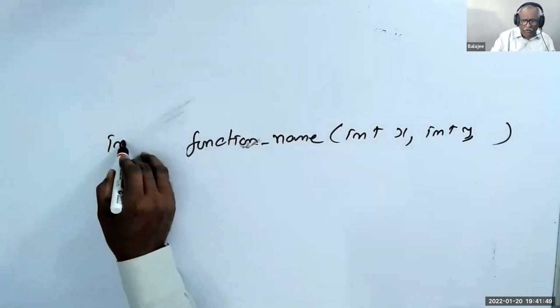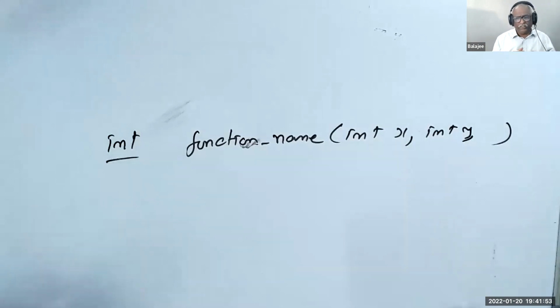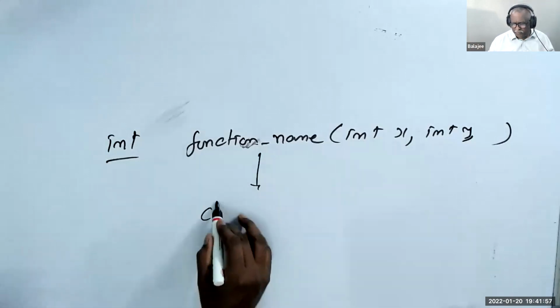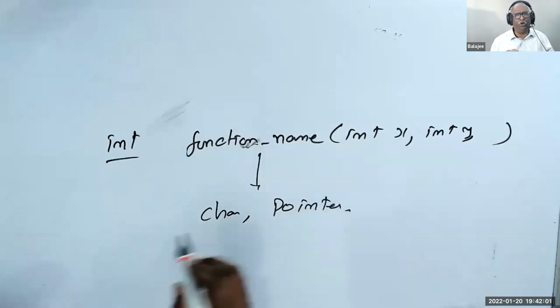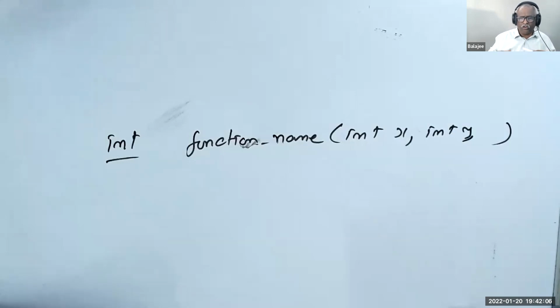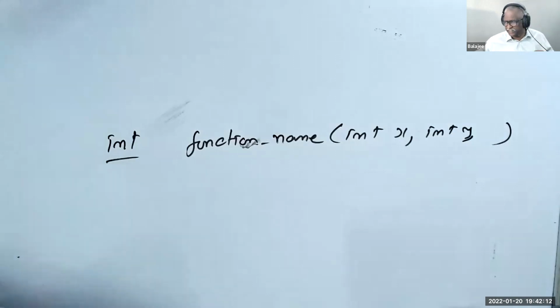Whatever you are returning. Right now we are learning about integer. That's why I put integer. You first learn the function perfectly with integers. Then we will discuss how to pass characters, how to pass pointers, everything. Don't worry about them initially. You also heard about something called call by value, call by reference. Okay, those things we'll discuss next.